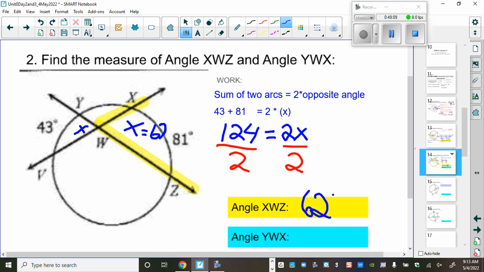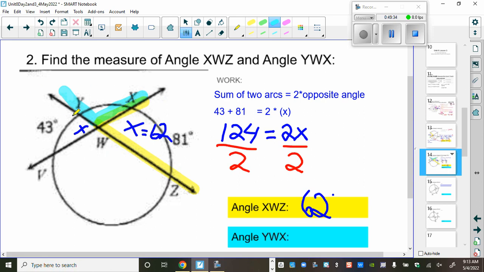Now, to get YWX, this angle right here, if I want to get this one, what can we do? Well, what do we know about the sum of these 2 angles?